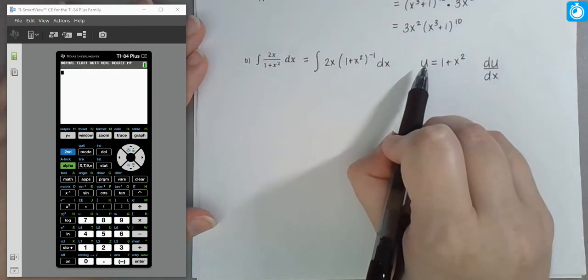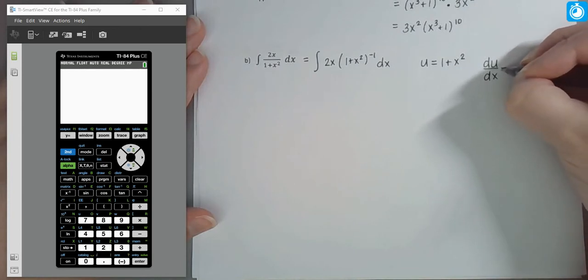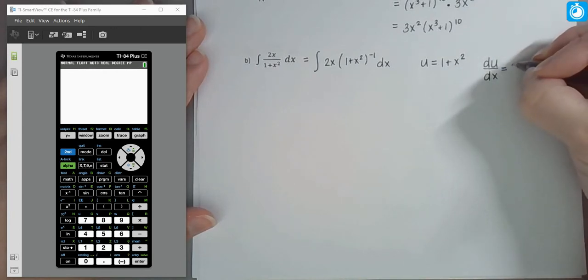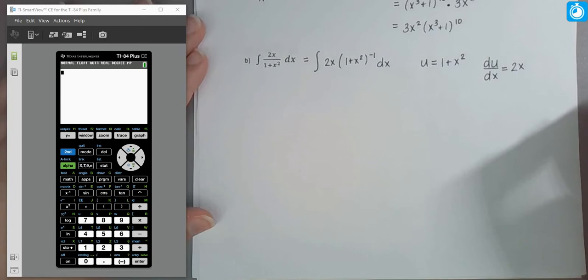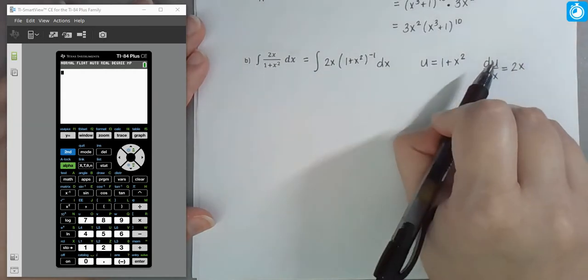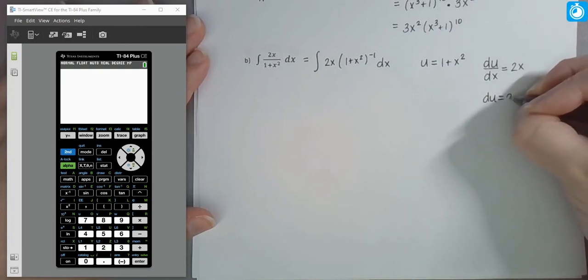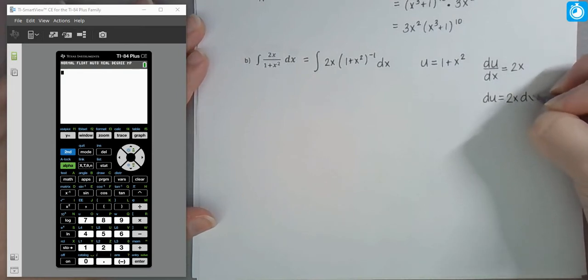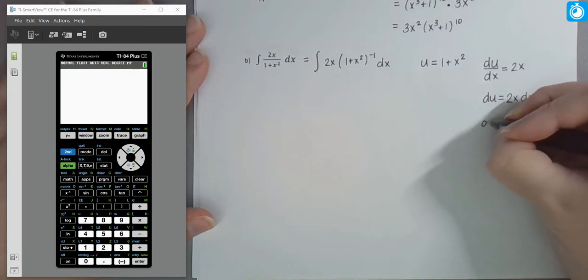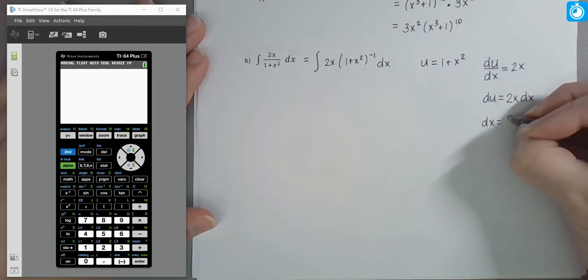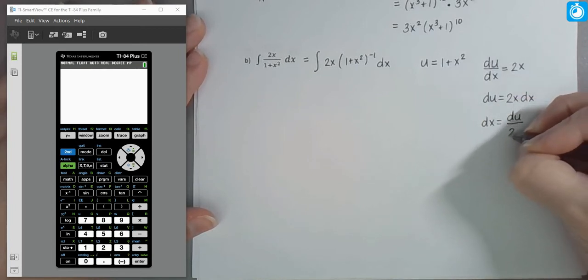So I'm going to find du/dx, and that's equal to 2x. And so if I isolate du, I'm going to have 2x dx. And if I isolate dx, I'm going to have du divided by 2x.